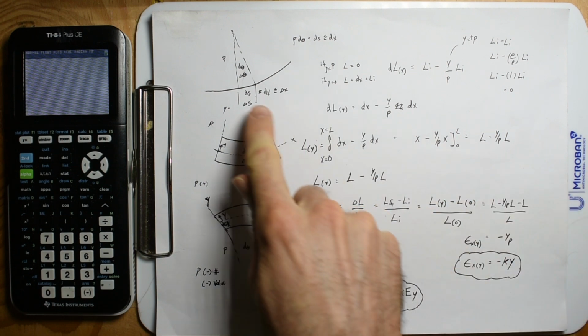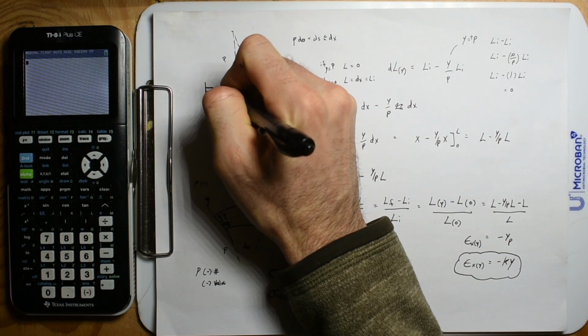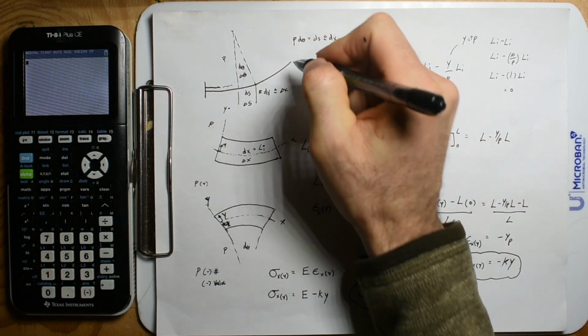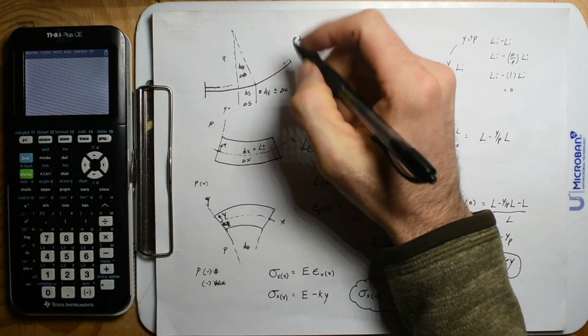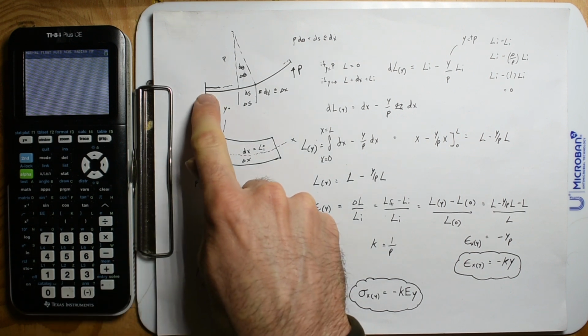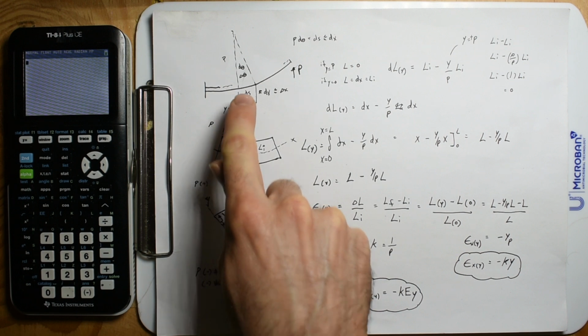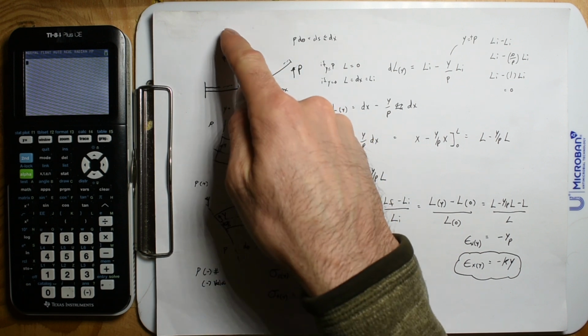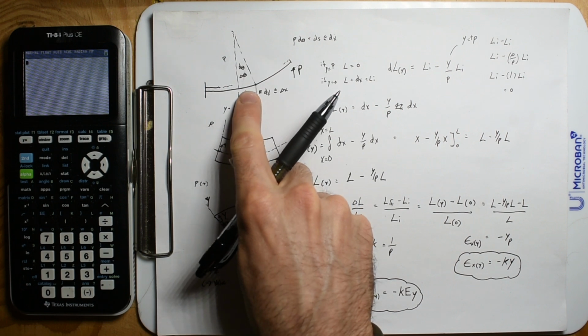So in this problem, let's say it's just a cantilever beam, and there's going to be some sort of force, a load, on it, and we have this upward shape. This is kind of the diagram for a curve. You zoom in right here, you can take a little slice.